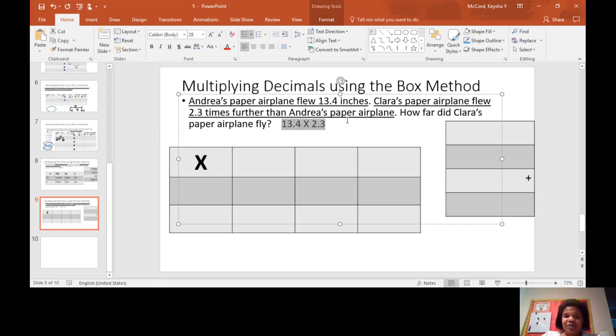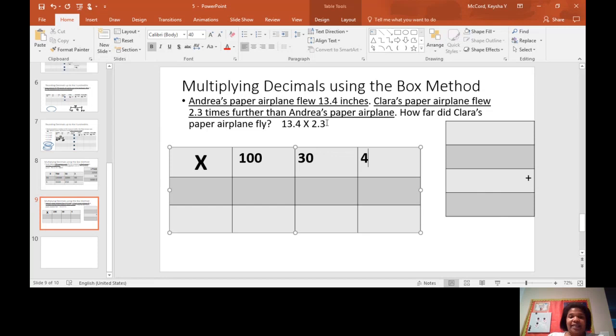But you can see that both of them have decimals. So like I said earlier, right now, we're going to pretend the decimal's not there. So instead of being 13.4, this is going to be 134. And instead of being 2.3, this would be 23.